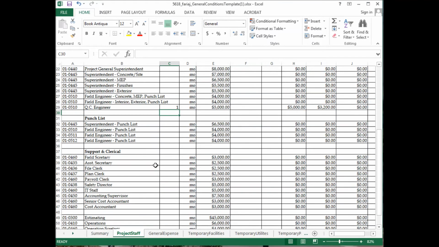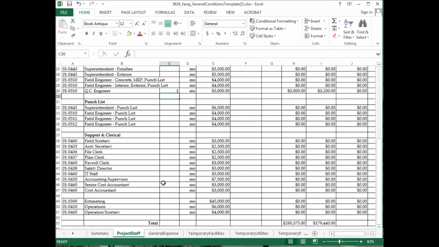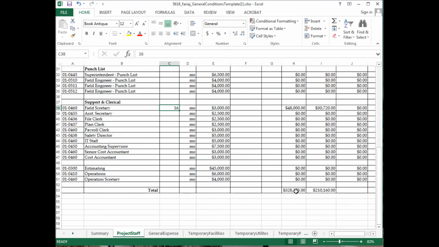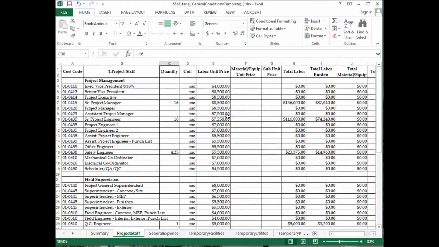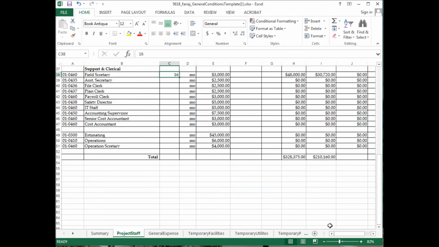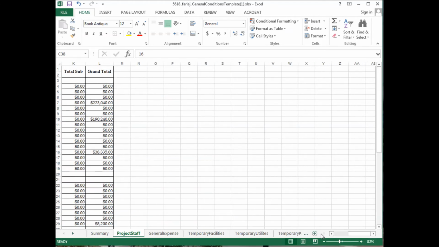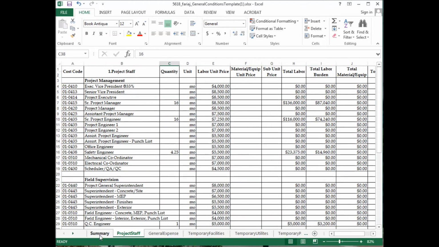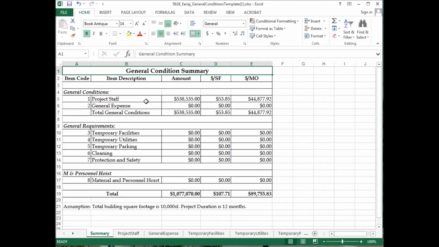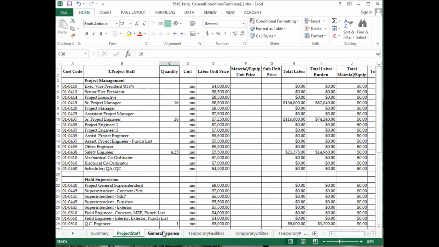May have a field secretary or an assistant secretary for the duration of the project, and then that will give us now the total cost for labor on site for this project. That total cost is automatically translated to the summary. So we see the project staff here now has some cost.